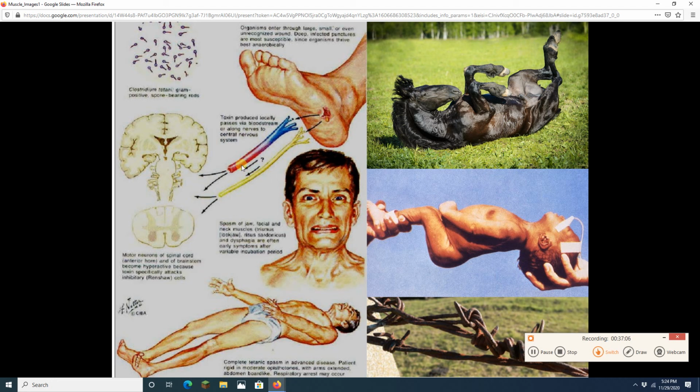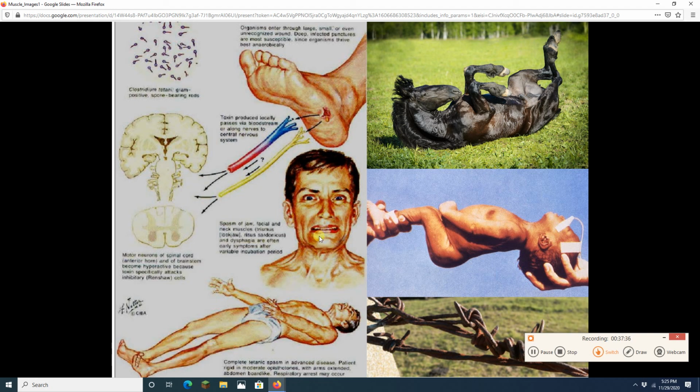And motor neurons in the spinal cord and the brainstem become hyperactive. And what it's going to do is cause the muscle fibers to start to contract, to have this uncontrolled contraction. We can see this guy here. You can see his platysma is contracting. He's got all these facial muscles. His teeth are clenched.